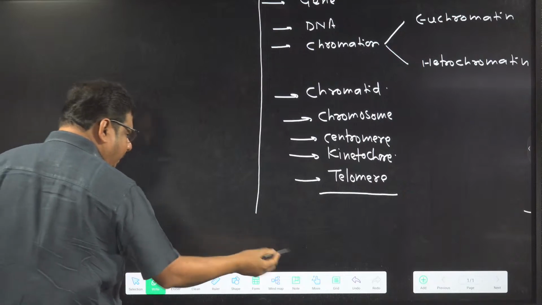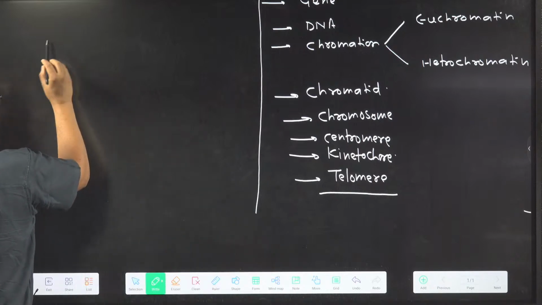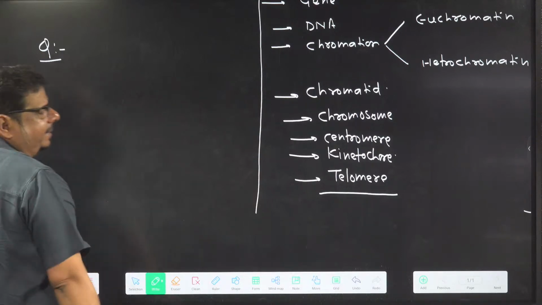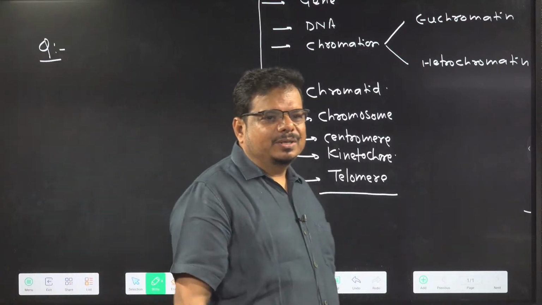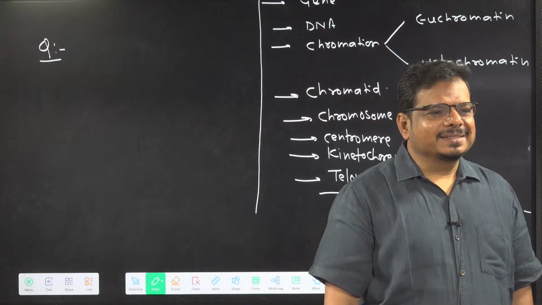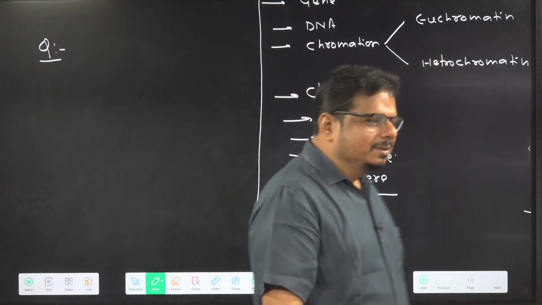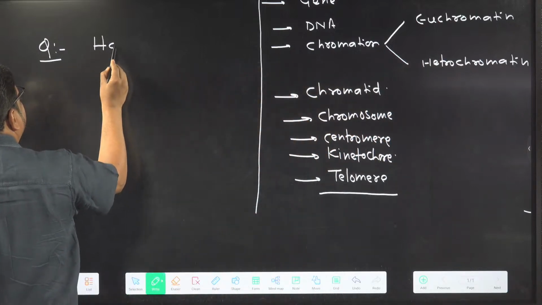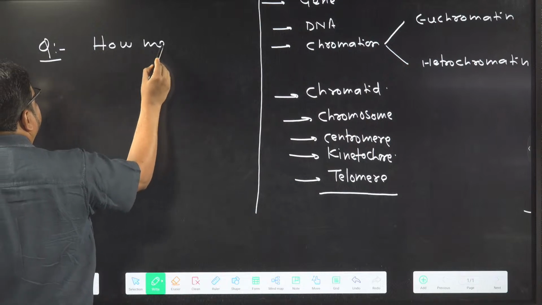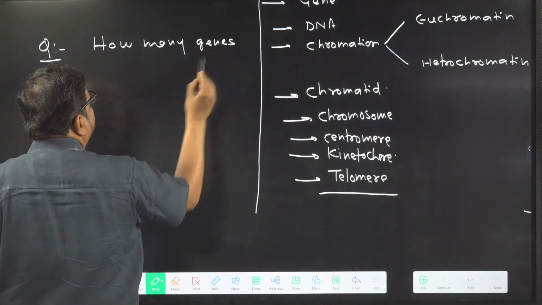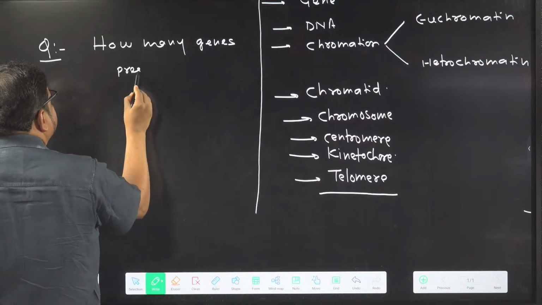So before moving on, to connect you people better with the concept, I am asking some small questions. Got the idea? The very first question I am asking is, how many genes are present in a DNA?